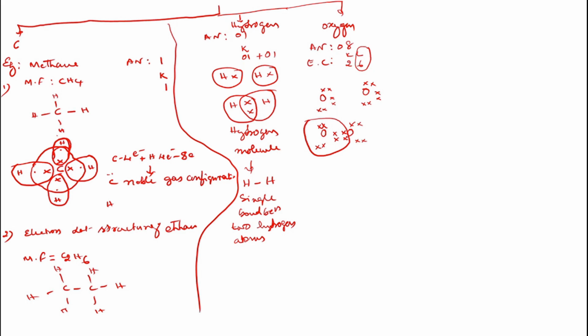Now you count 2, 4, 6, 8. Now this oxygen reached the noble gas configuration. This oxygen we will see now. 4, 6, 8. This oxygen also reached noble gas configuration. So now it is called an oxygen molecule.